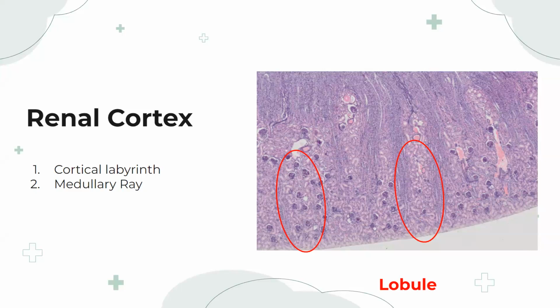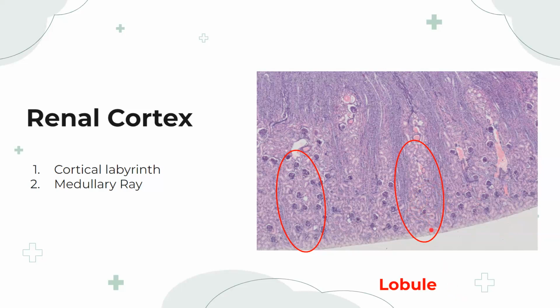Before the convoluted proximal tubule becomes the loop of Henle, there's this straight portion of the proximal tubule as well. People debate what it's called, but it could be either the pars recta of the proximal tubule, or you can even call it the thick descending limb of the loop of Henle. So it's called both, but it's basically this straight portion, and that's what this is made up of.